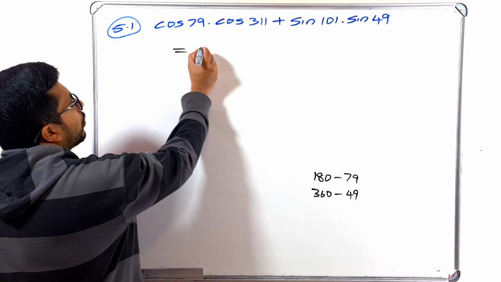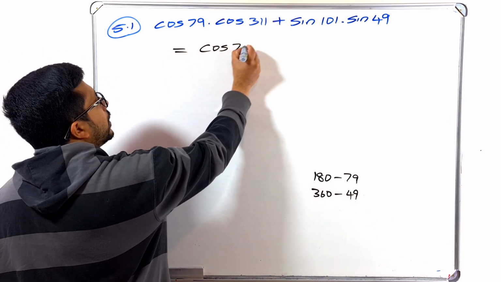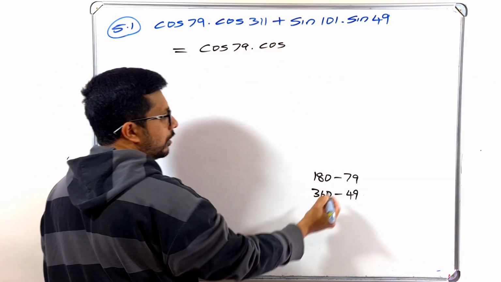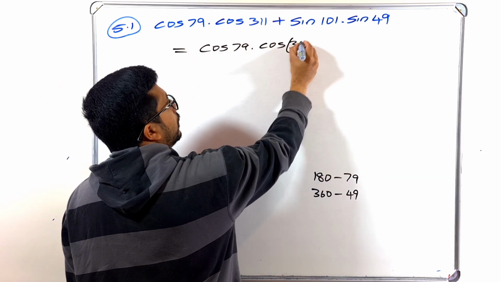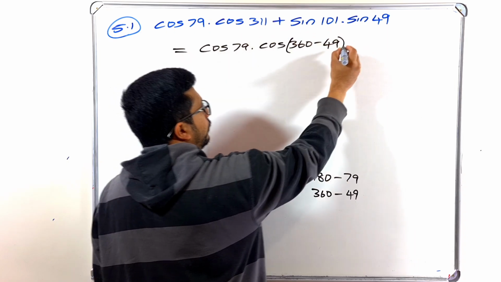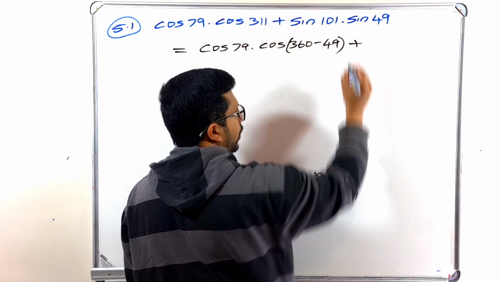So this is cos of 79 times cos of 311. We can write it as cos of 360 minus 49, then plus sine of 101.